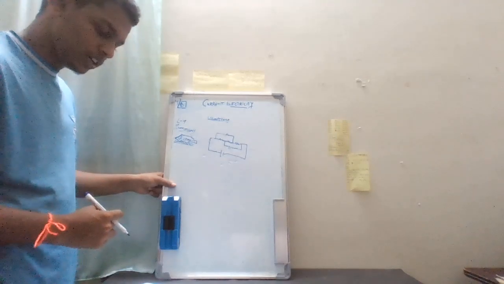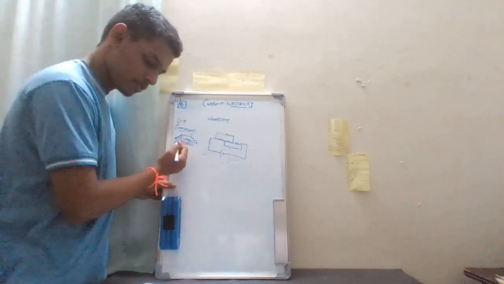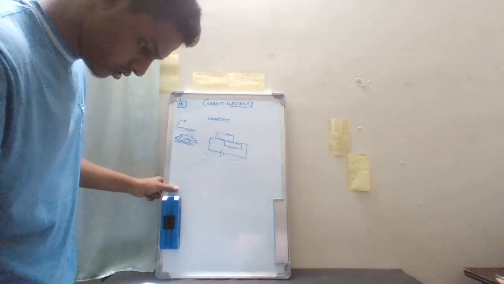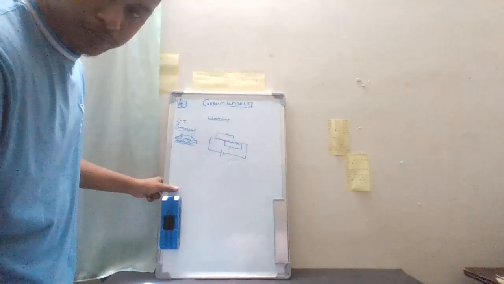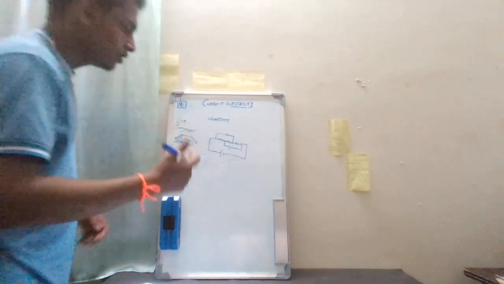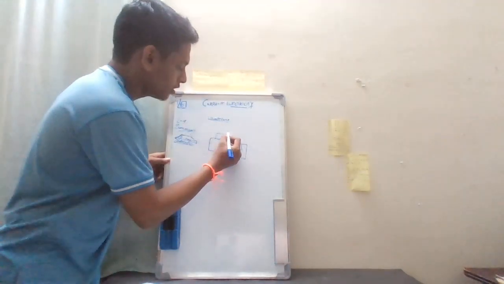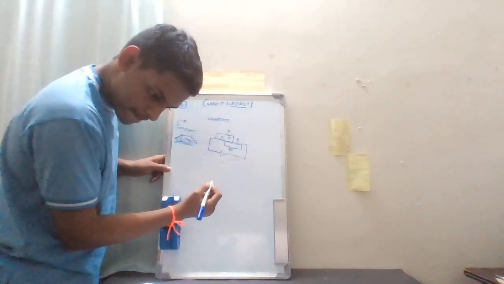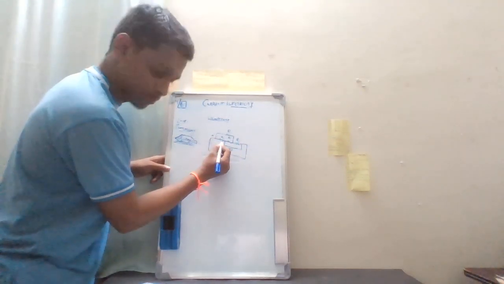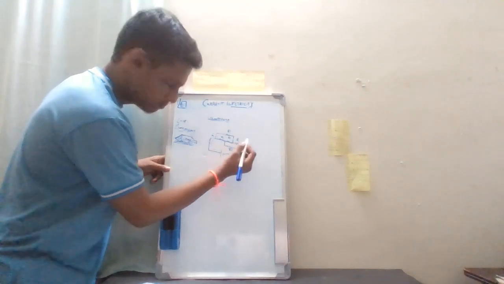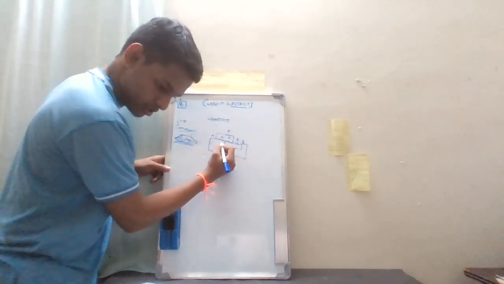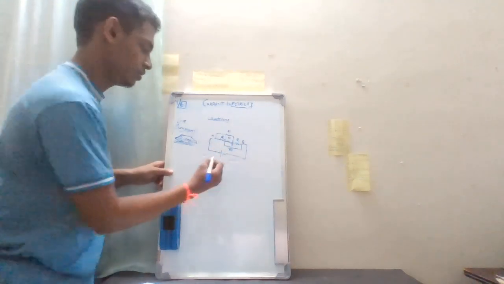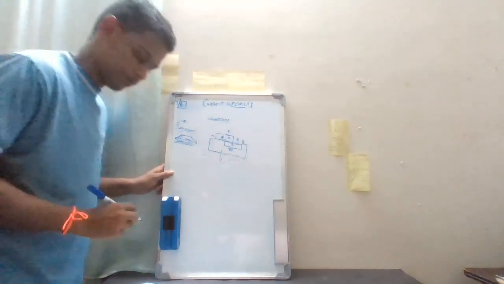Here, R equivalent is given as R. Here it is R, R, R, R, R. This is A, B, C, D.